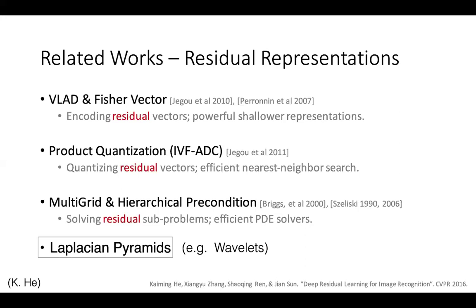So the ResNet was very successful and could have a very deep architecture because of this. And this is a very profound mathematical fact, right?